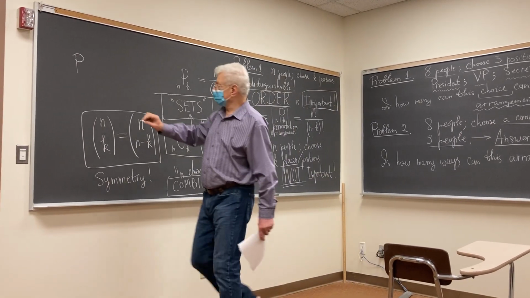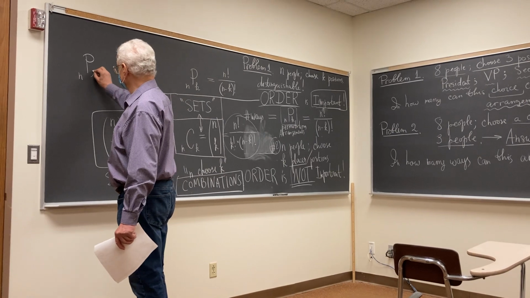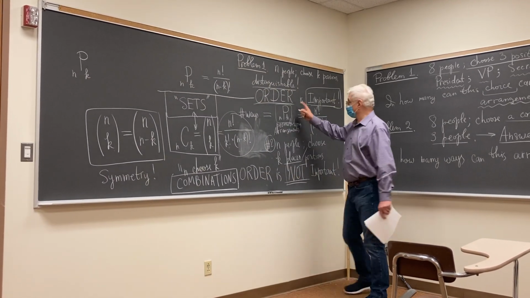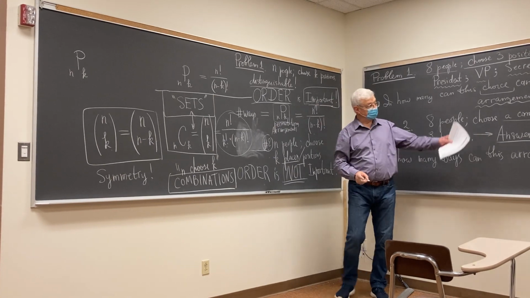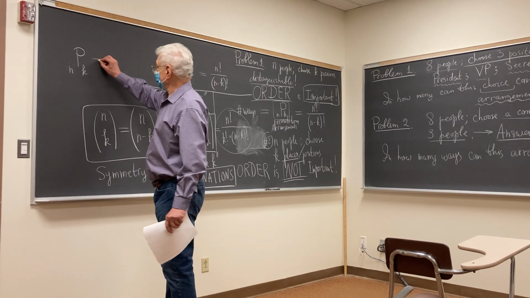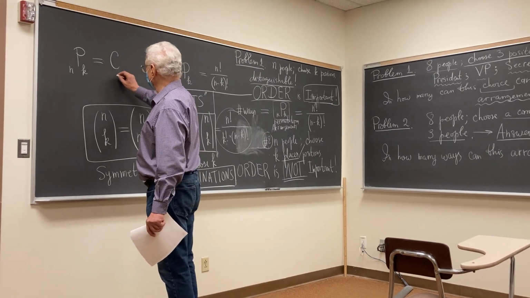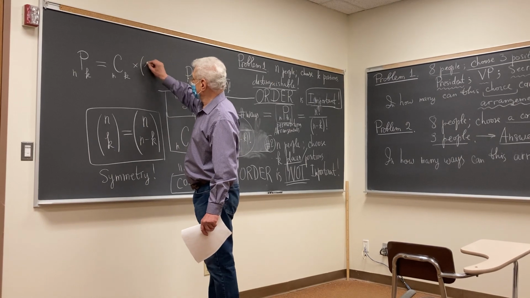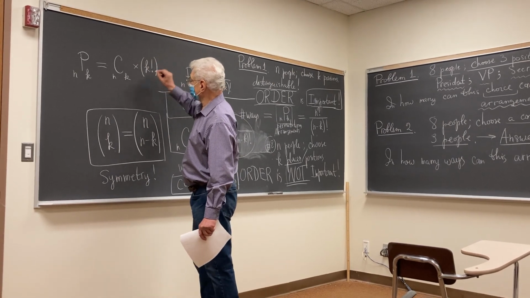So we got the following, another fundamental result: the number of arrangements where the order is important, like president, vice president, and so on, equals, if you rewrite in combinations, you must multiply by k factorial.